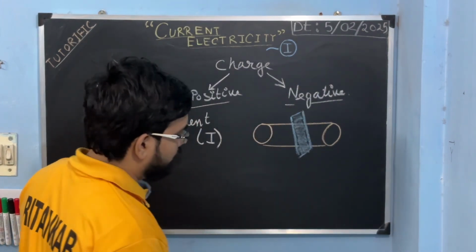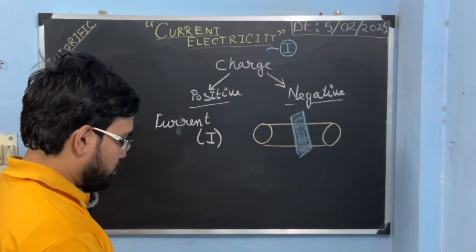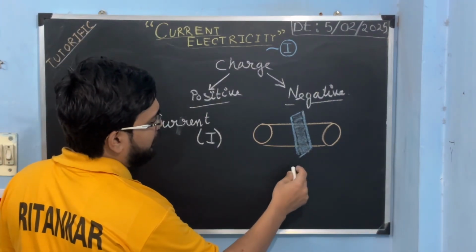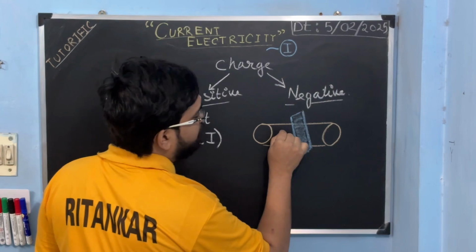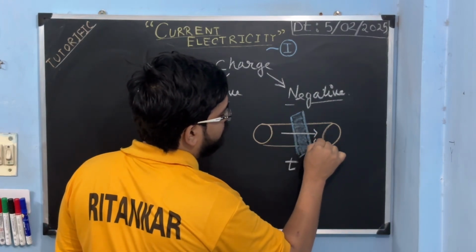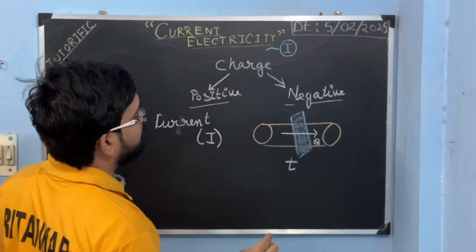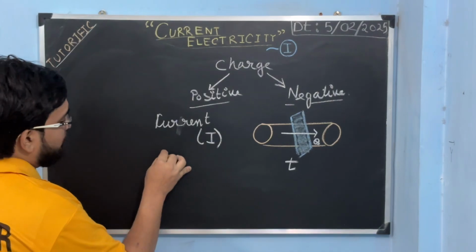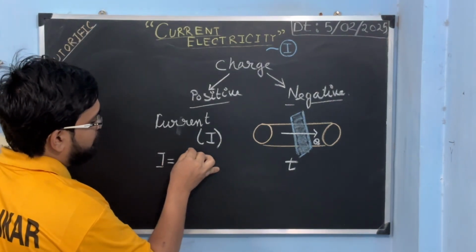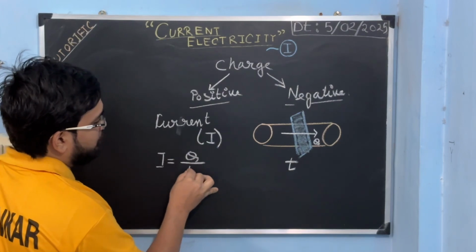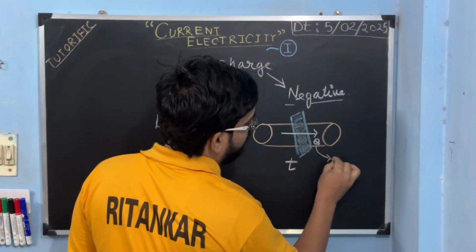If t is the time period, and q is the amount of charge that flows through here, then my current mathematically will be I equals q by t. What is q? q is basically the net charge.